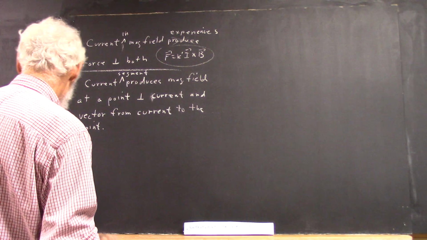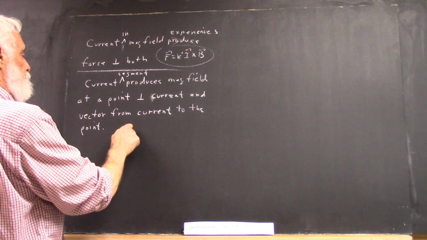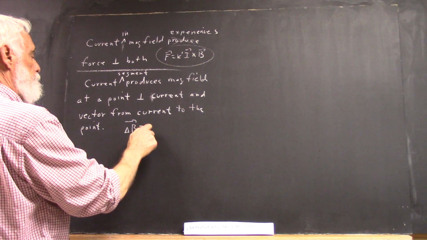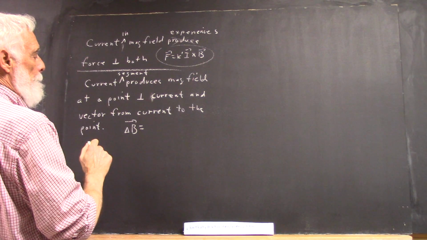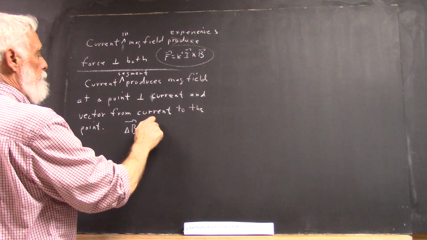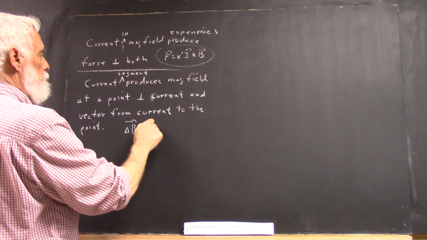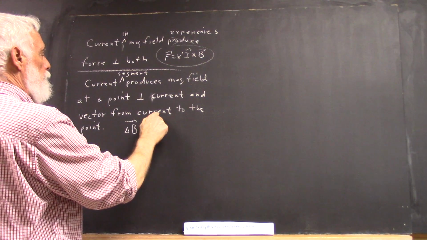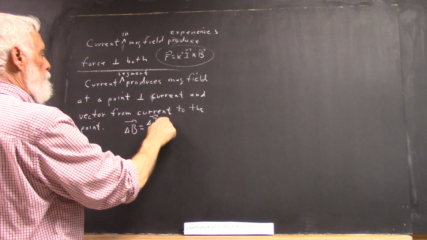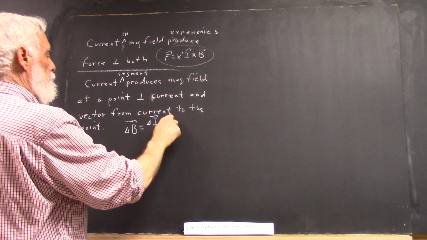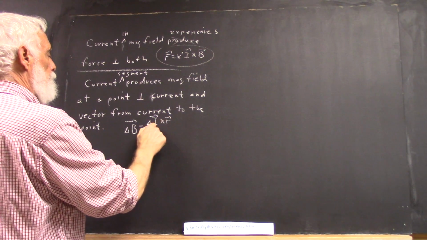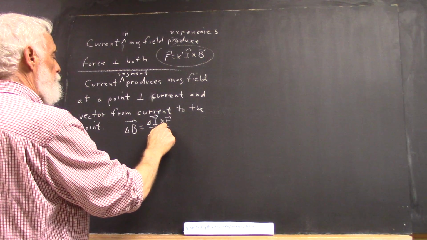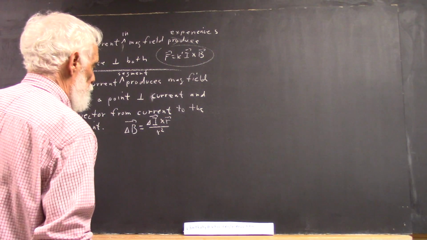And it's delta I cross R over R squared.